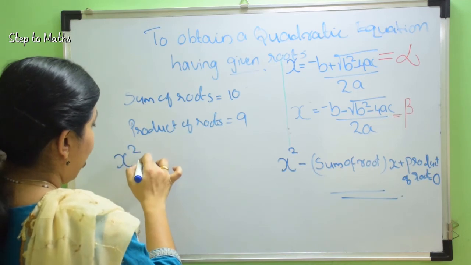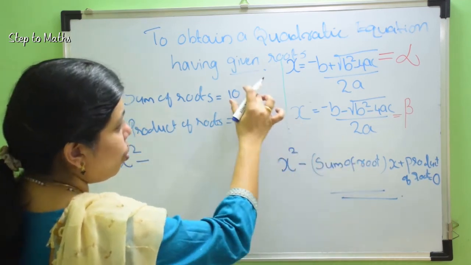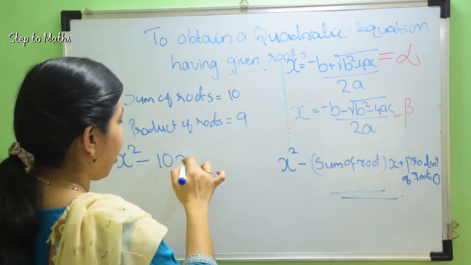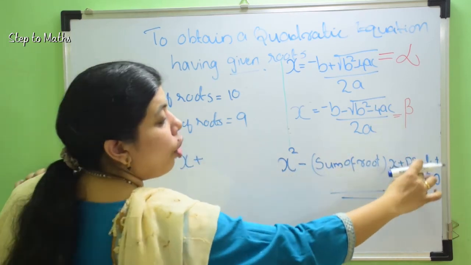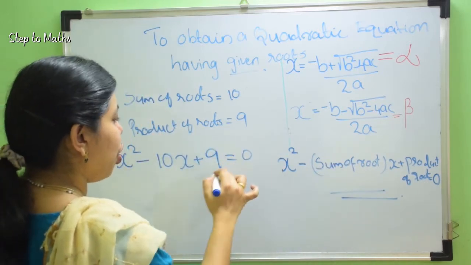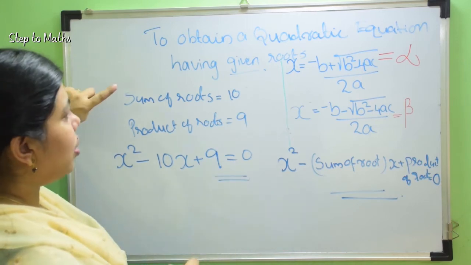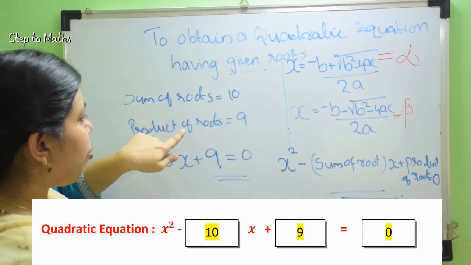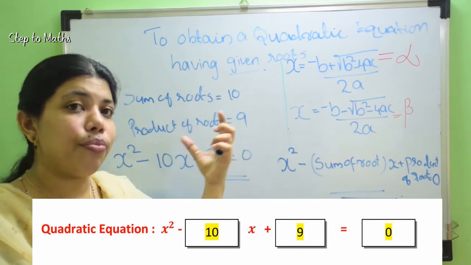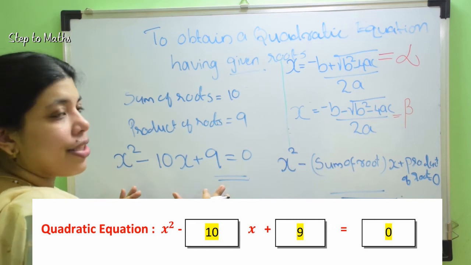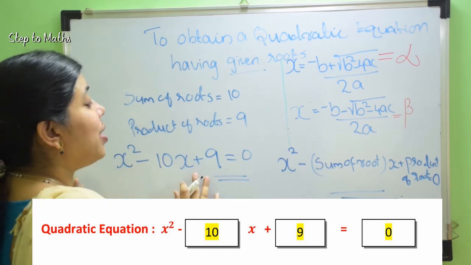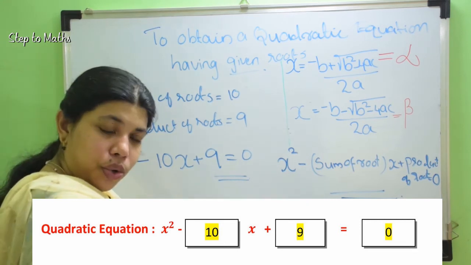x square minus sum of roots, 10x, plus product of roots, which is equal to 9, equal to 0. Sum of roots equal to 10 and product of roots equal to 9 are given. Using that information, we write its corresponding quadratic equation as x square minus 10x plus 9 is equal to 0.